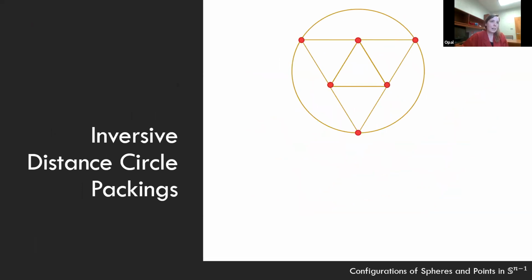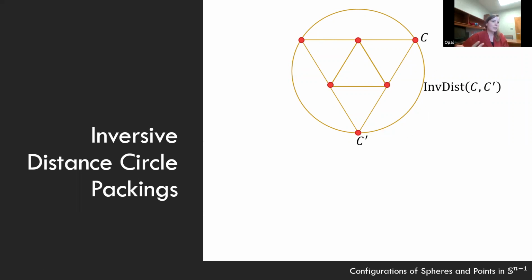So one of the questions is, how could we start using this statement as posed in other contexts? One thing I want to look at is inversive distance circle packings. So here's an octahedral graph, and in inversive distance circle packings your vertices are representing circles, but when you have an edge between them, it means you know the inversive distance between them.